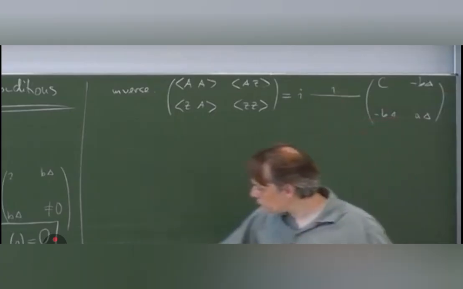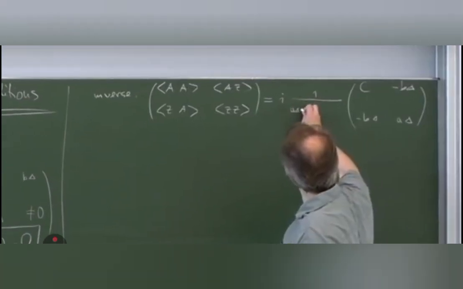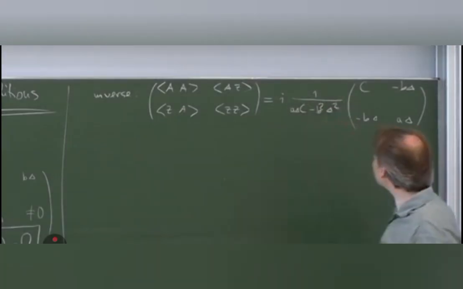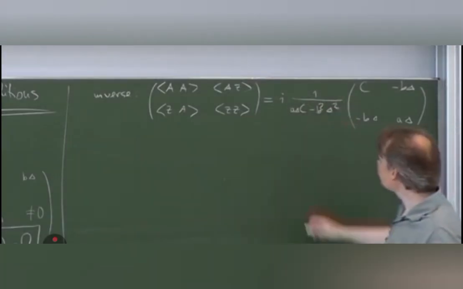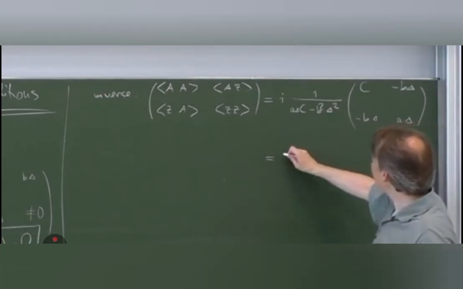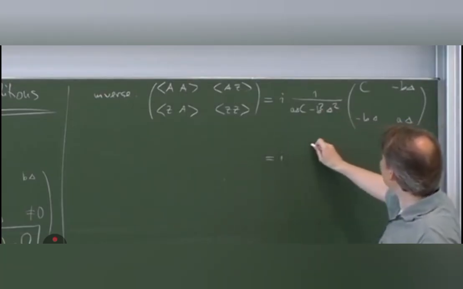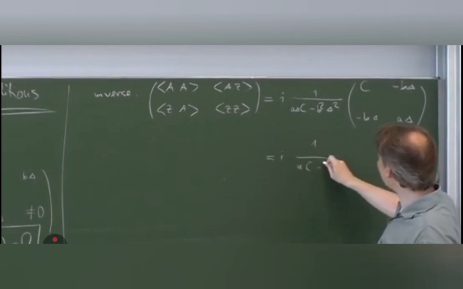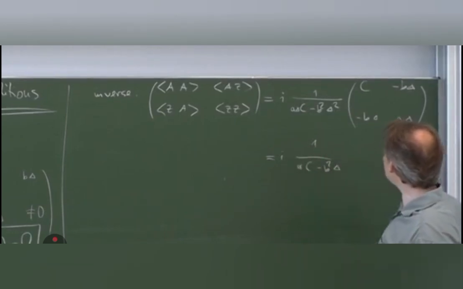And what is the determinant? A delta times C minus B square delta square. So, and then I times 1 over A times C minus B square delta.